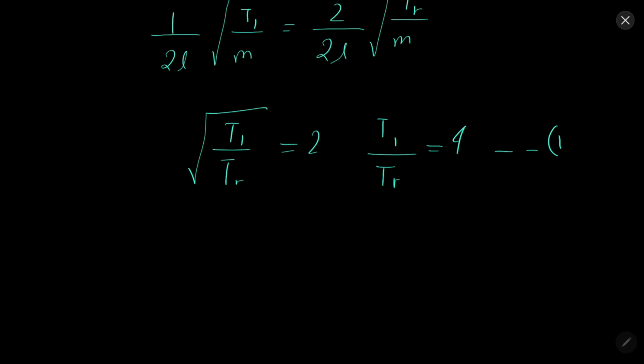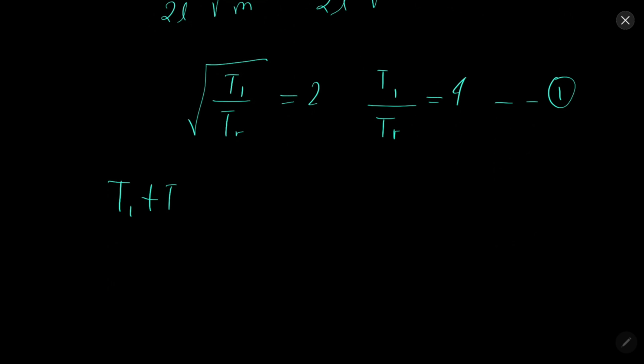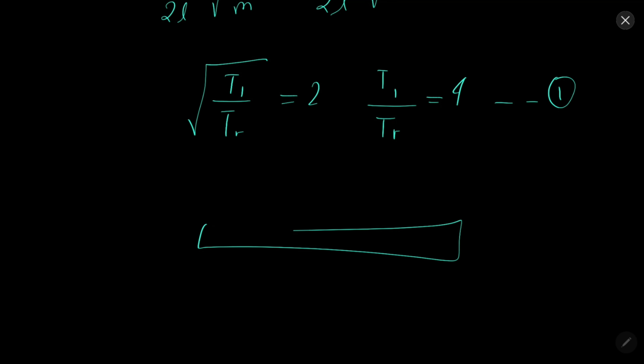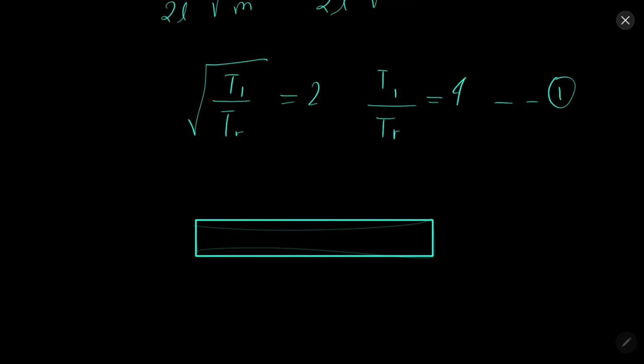And again from the free body diagram and from the equations that we have, let me draw the free body diagram as well. Let this be T1, let this be TR.